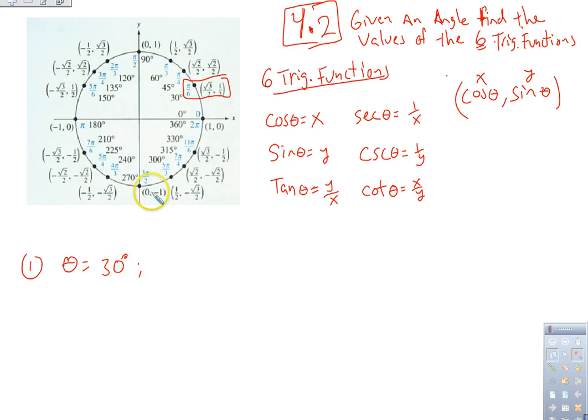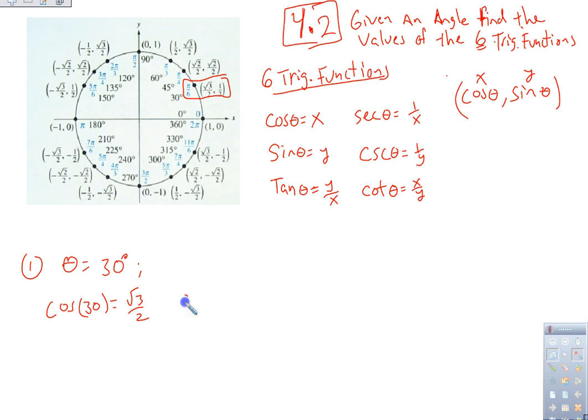So at 30 degrees, we have that cosine, since we know the angle already, instead of theta, I'm just going to put 30 degrees here, is radical 3 over 2.